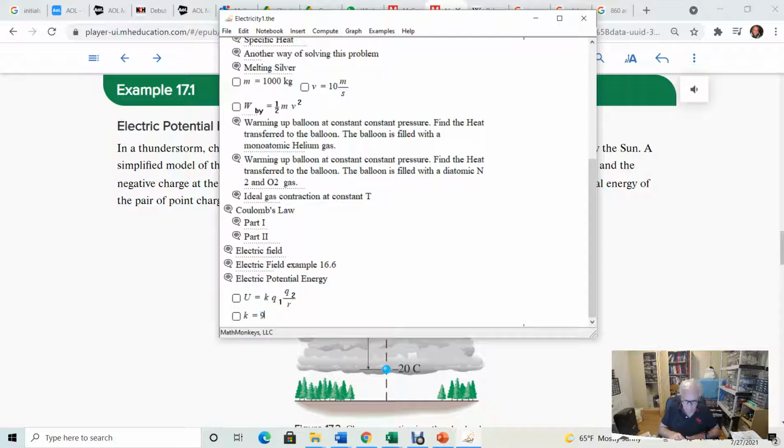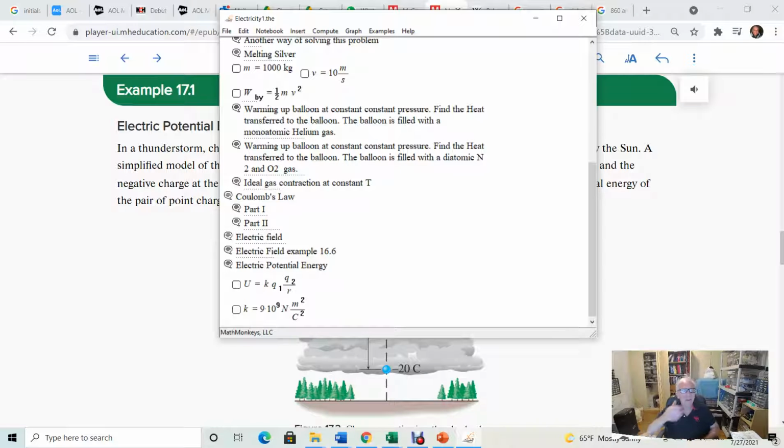K is 9 times 10 to the 9, and then we have the units of K. In this case, the unit of K is going to be newtons meter squared per coulomb squared. Do you remember that? Hopefully I got the units correctly.